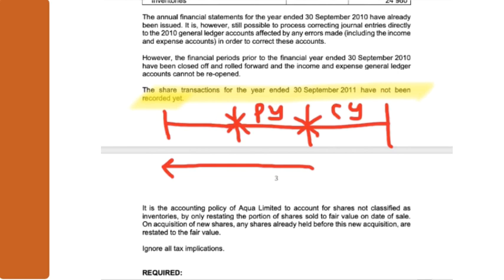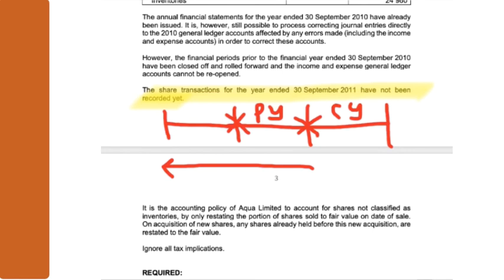But IAS 8 together with IAS 1 says if there was a prior period error or a change in accounting policy, you need to show in the statement of financial position a third column. So not only do you show the 2011, the current year, and the comparative year, your prior year, 2010, you also show a third column.